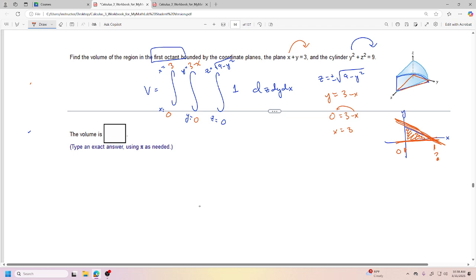So now I get to write tiny: 0, 0, 0, 3, 3 minus x, and then the square root stuff, 1 dz, dy, dx. All right.